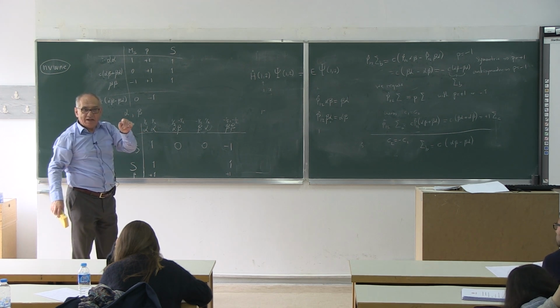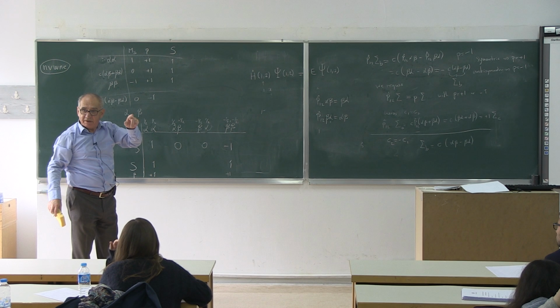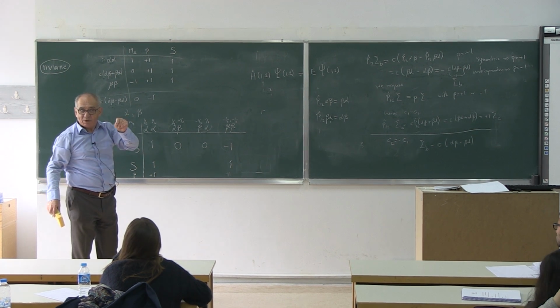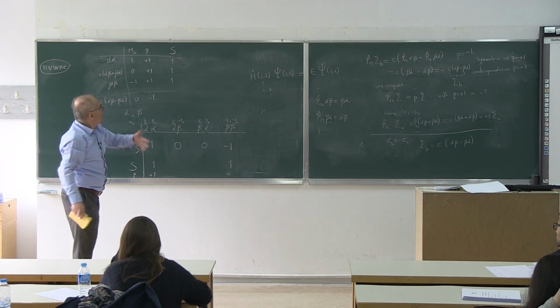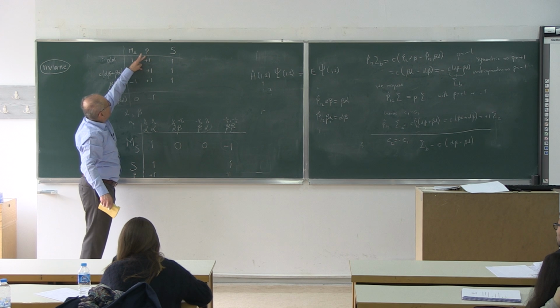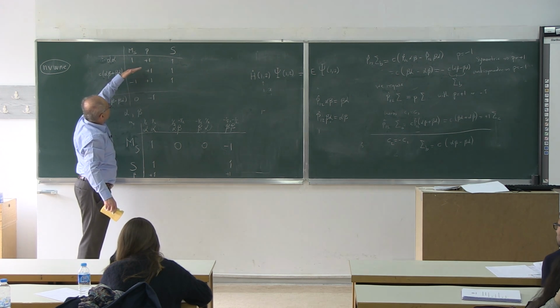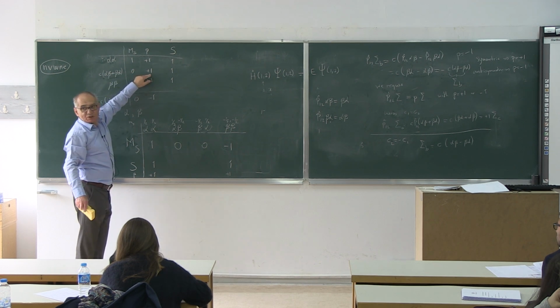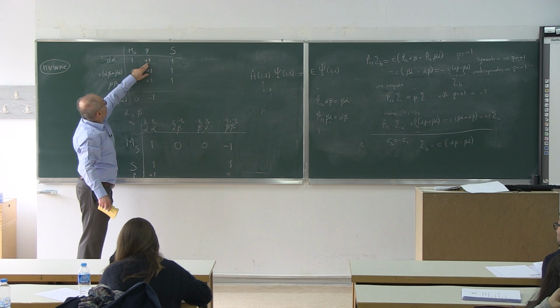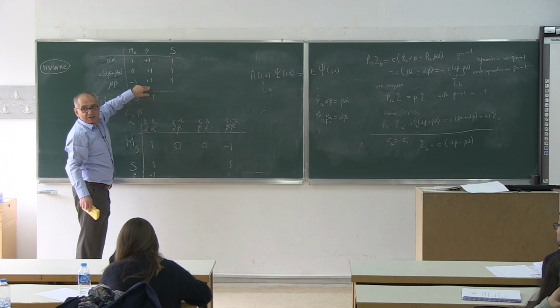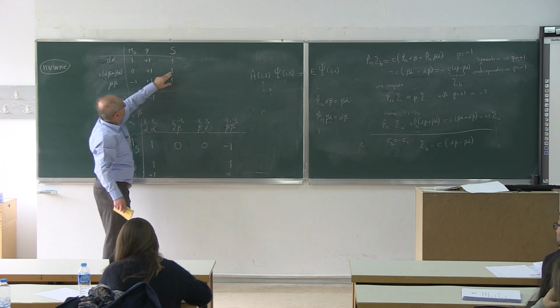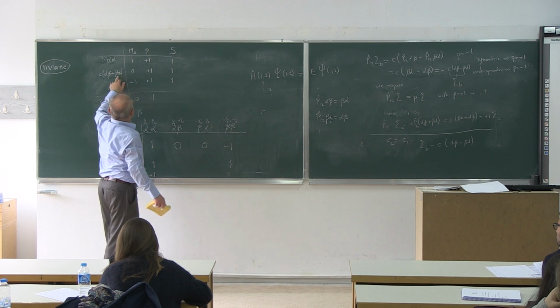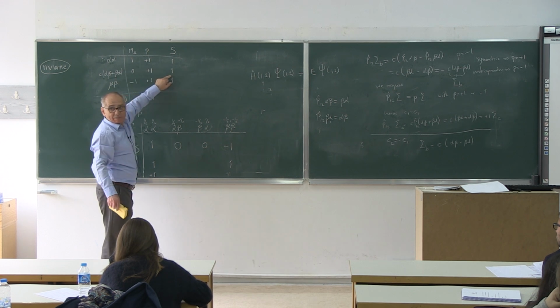Must be an eigenfunction of S square with S equals +1. How do I infer it? I infer it from the value of P. I see that this function is also symmetric with respect to spin exchange, just like alpha times alpha and beta times beta. So I conclude that S for this factor should be +1.